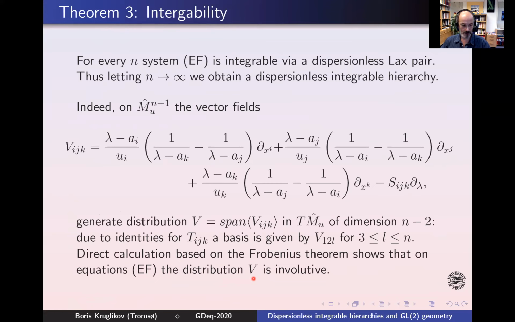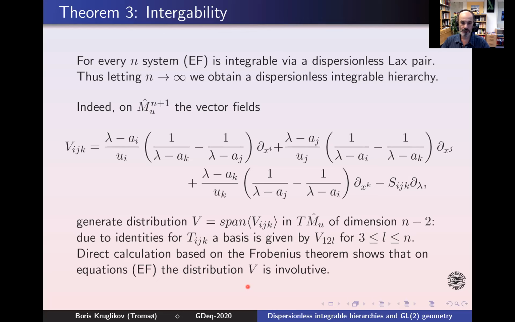This involutivity property of a GL2 structure is some kind of integrability in the twistor sense, called alpha integrability, right? And this master equation, this EF equation, the master equation for involutive GL2 structures, is integrable on its own. So we can think of every particular involutive GL2 structure as a reduction of this EF equation.